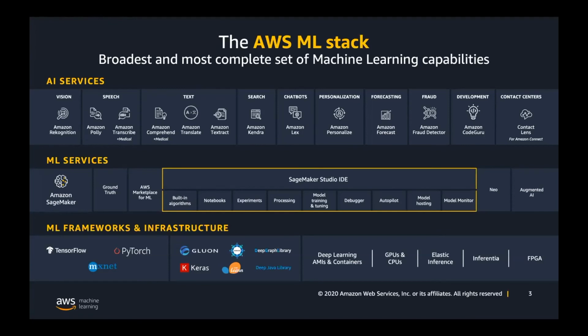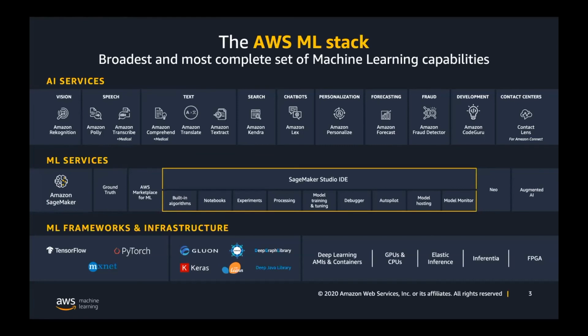And on the top layer, we have AI services. AI services allow the developer to just use pre-trained or auto-trained models to add intelligence to your applications without machine learning expertise. We have different services here, such as Amazon Rekognition for object recognition, and so on. We have speech, like text to speech and speech to text. We have natural language processing services, for example, Amazon Comprehend and Textract.